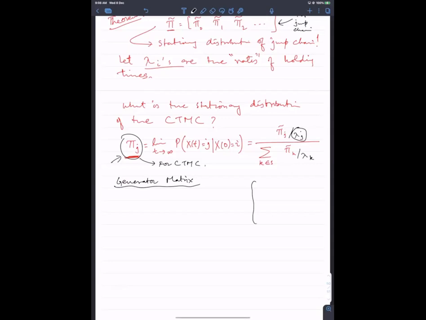ये आपके पास एक matrix होगी इस तरह की, जिसमें I rows and j columns, बिल्कुल उसी तरह से जैसे probability transition matrix की होती है. I rows and j columns. Okay. So इसके अंदर I will pick Gij, ith row and jth column का जो element है, this would be equal to lambda I Pij, and Pij is the transition probability from jump chain.